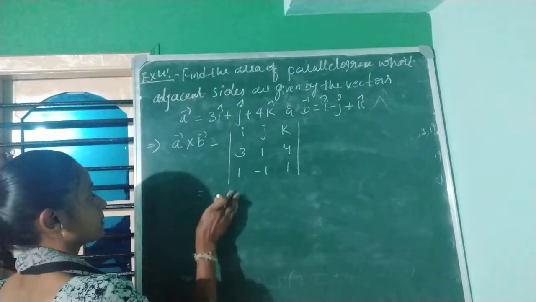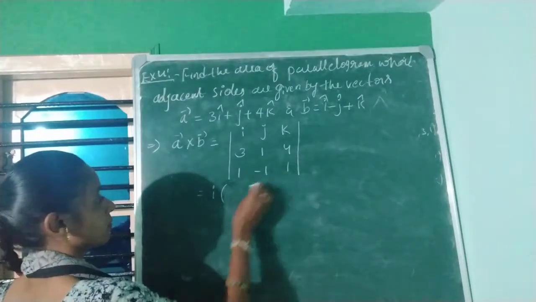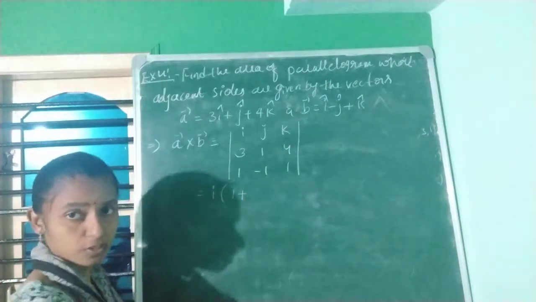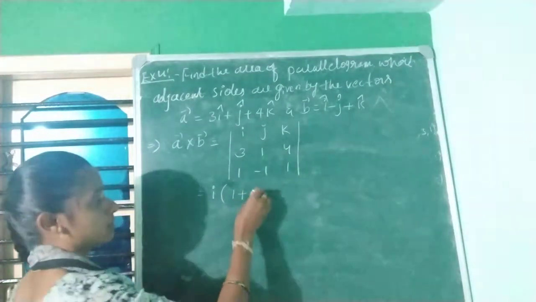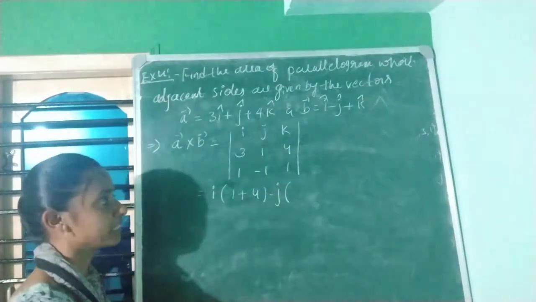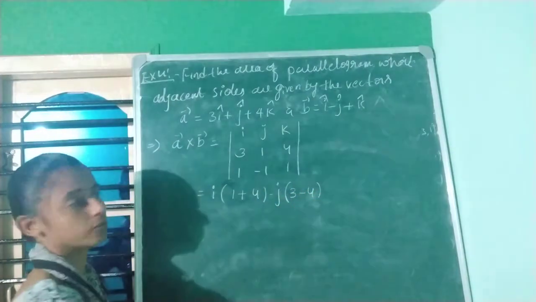Okay, expand this one. i with first row first column delete it. 1 into 1 is 1 plus minus 1 into 4 is minus 4. So minus into minus it will be a plus. Next minus j of first row second column deleted. 3 into 1 is 3 minus 1 into 4 is 4.